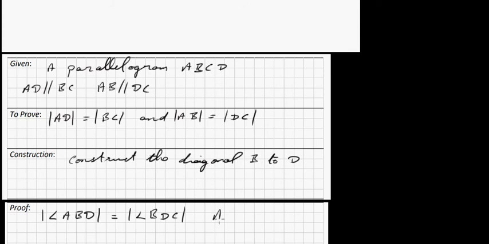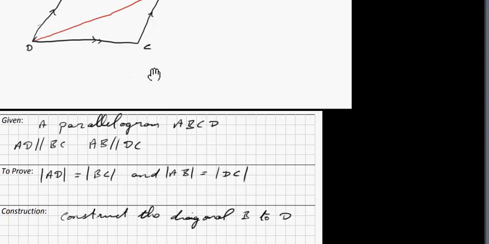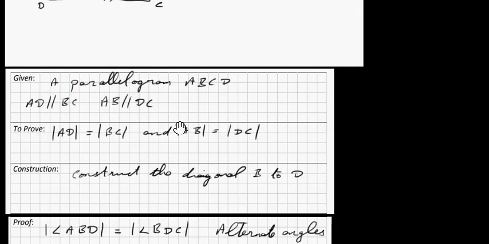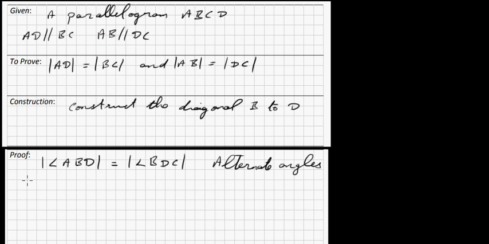Why? Because they're alternate angles. So whenever you make a statement in a proof, you've got to put down the reason as well. Now, I'm also going to say that the side DB is equal to the side DB. So the size of the side BD, usually it goes in alphabetical order, is equal to BD. Why? Because it's a common side.